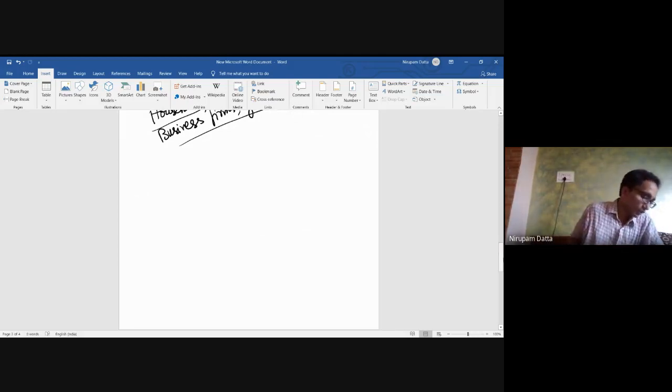Question 8. Using a circular flow diagram of the economy, show that the sum of private investment and government expenditure equals the sum of savings and tax, which we have already shown.